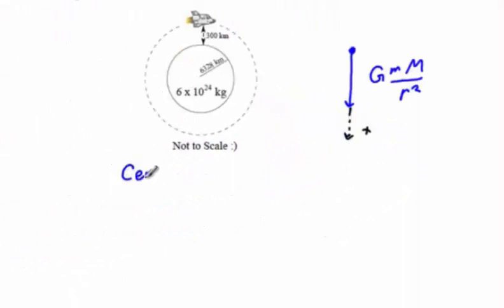Analyzing the centripetal direction, we find that there is one and only one force, and this force is entirely in the centripetal direction, and that force is gravity, G times the mass of the shuttle times the mass of the Earth over r squared. The sum of all forces in any direction is equal to the mass times the acceleration in that direction. The mass of the space shuttle, we'll use lowercase m to represent.